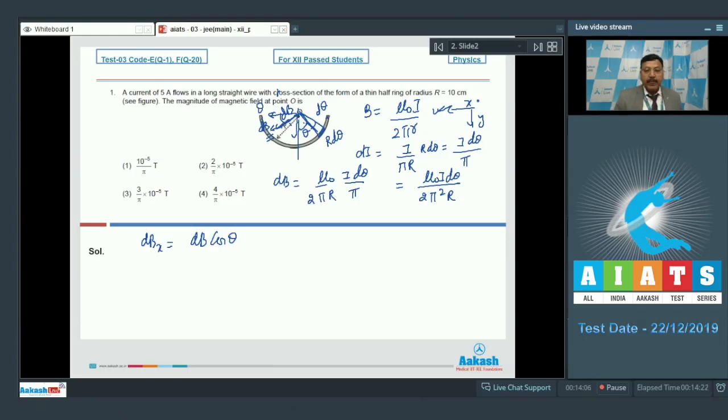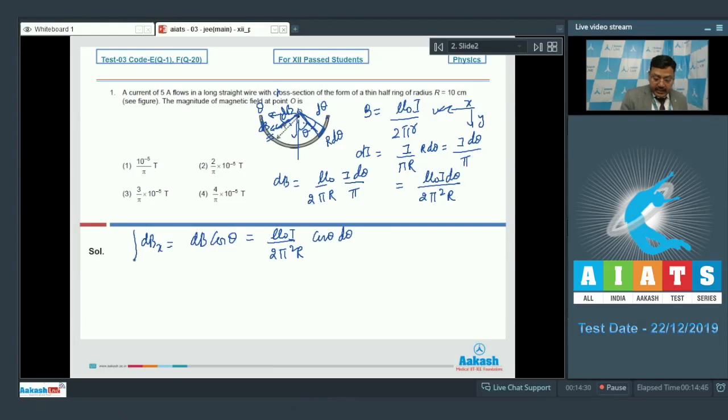So that means by simply integrating dBx, we are going to get the net field, and dBx in our case is dB cos theta, which is again, if I put the value of dB that we got here, mu naught I by 2 pi square r cos theta d theta.